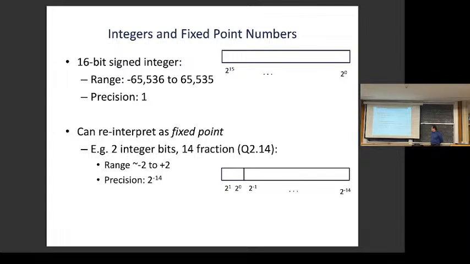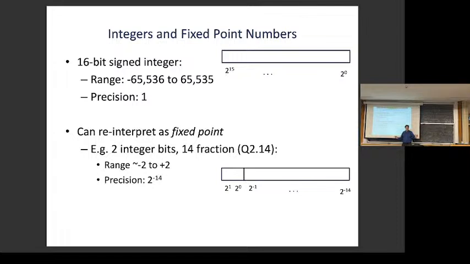Well, range is just what is the range of numbers you can represent before you overflow. So it can go from -2 up to 2, but actually very slightly less than 2, right? That's why I put the tilde in. And then the precision is how small an increment I can do such that it's not just thrown away. So the precision is 2 to the -14.